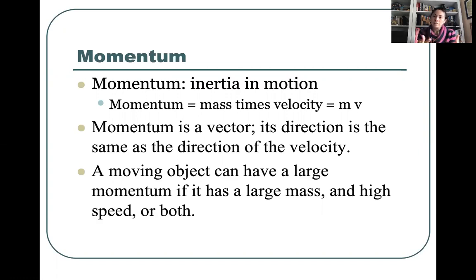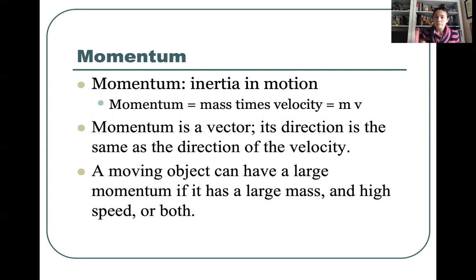So somewhere in the definition of momentum, we're going to have the mass of the object. And since we're looking at inertia in motion, we need a quantity that is going to describe the motion of the object, and we're going to use its velocity. By definition, the momentum is simply going to be the mass of the object multiplied by its velocity.